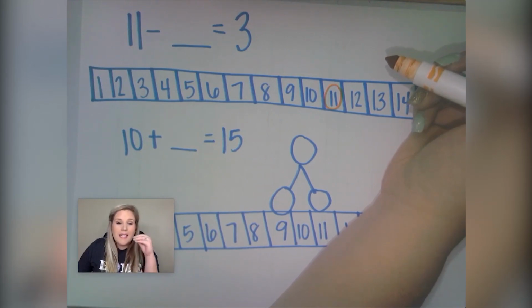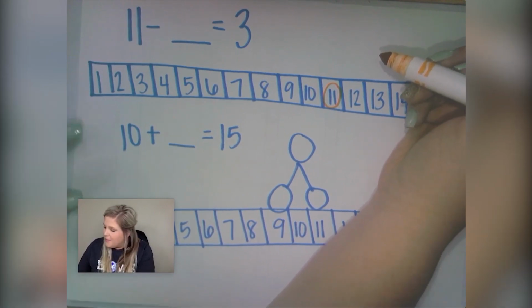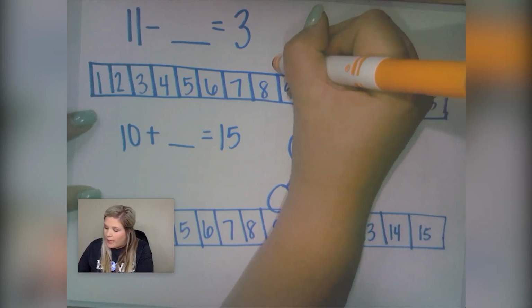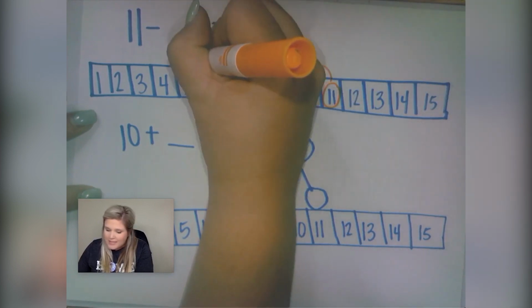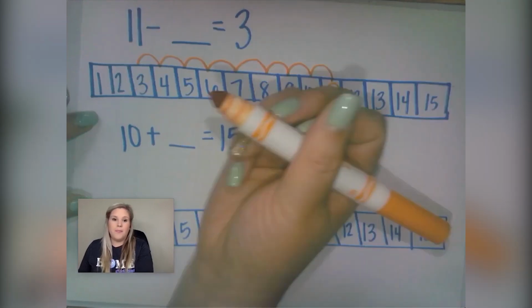Absolutely. We're going to take hops back to the number 3 to find our missing number, like this. 1, 2, 3, 4, 5, 6, 7, 8.